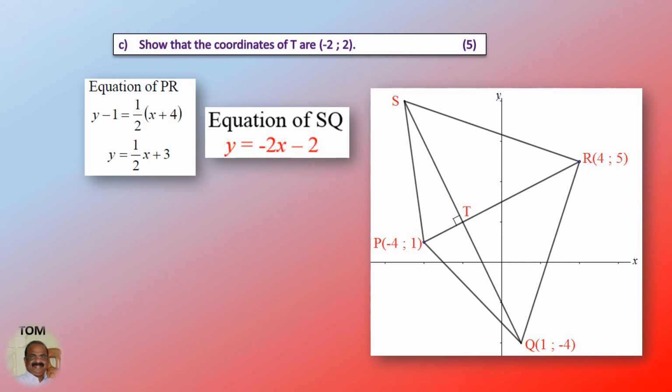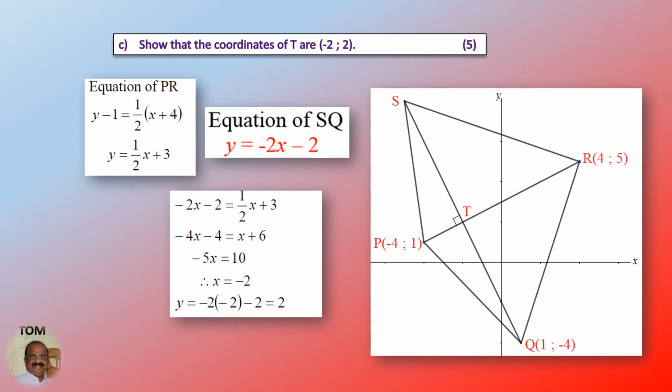Now, for the point of intersection T, we have to solve these two equations. Therefore, minus 2x minus 2 is equal to half x plus 3. We multiply all the terms by the denominator or the LCD 2. We have minus 4x minus 4 equal to x plus 6. Then we simplify to the x value. x equal to minus 2.